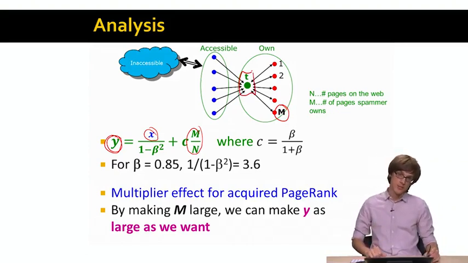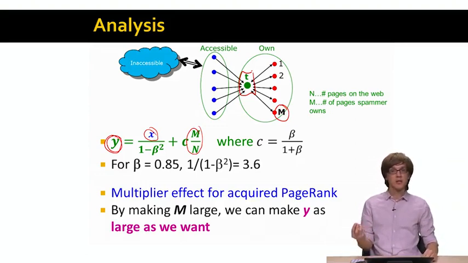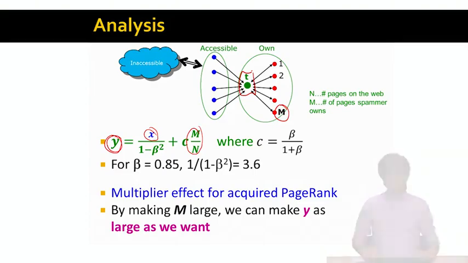The size of the web graph is huge, and m doesn't need to be that large, because all we need to do is boost the score of the target page T not to be the most important page on the web, but to be more important than some other pages on the web. So even not too big link farms can already have a big effect. So now this is basically the problem, and the question is, how do we go and detect such link farms on the web?